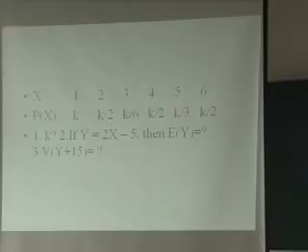I just mentioned, k at least has to be greater than or equal to 0. And all of the probabilities must be equal to 1, right?